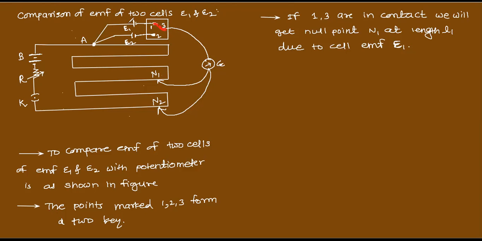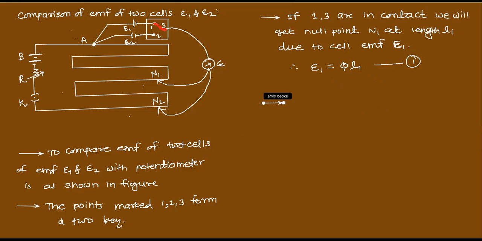So whatever the current is flowing is because of this cell, and hence we are getting null point N1 because of cell EMF E1. And therefore, can I write like this? Therefore, E1 is equal to phi L1, because already we have learned the potentiometer principle. What is that? E is proportional to L, and therefore here you are getting E1 is equal to phi L1. Okay, next point.